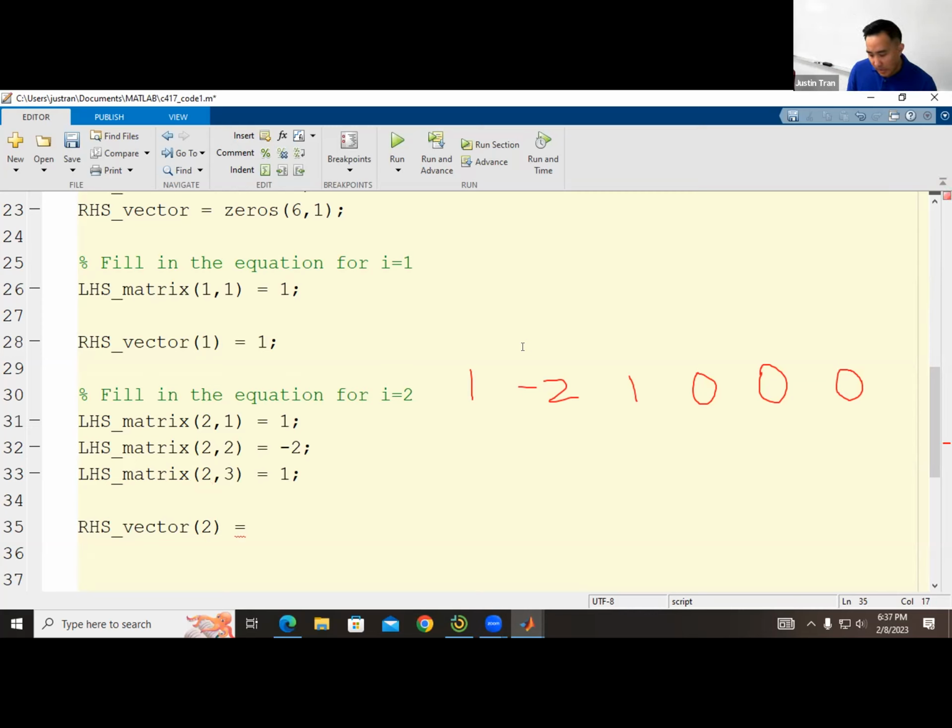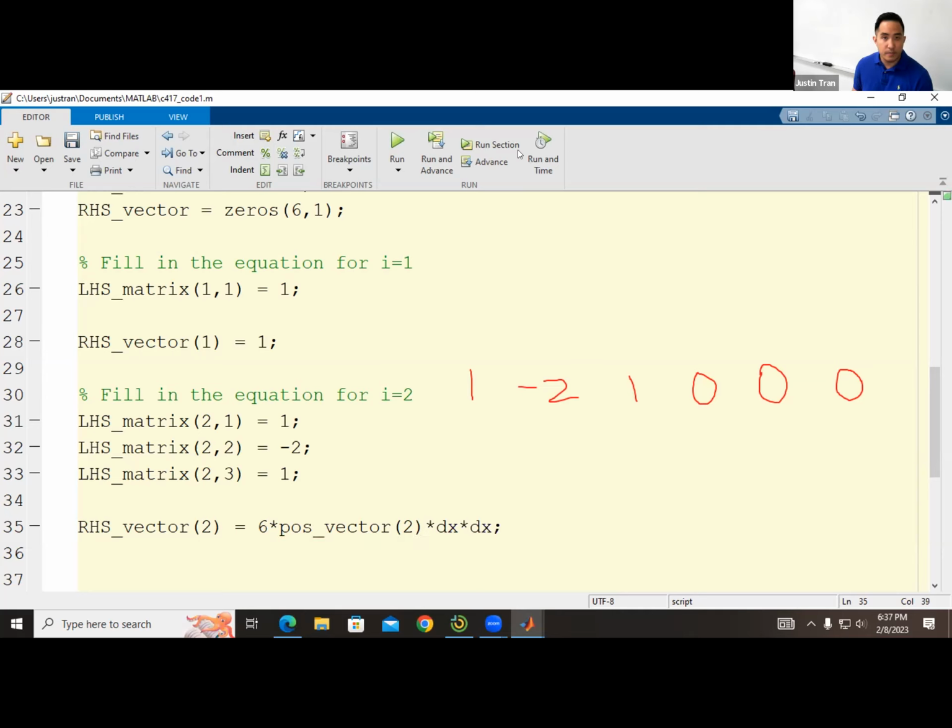And then we come up to the right-hand side vector at node 2. This is equal to 6 times x2. Remember, the way that we obtain x2 here is pos vector at 2 multiplied by dx times dx.